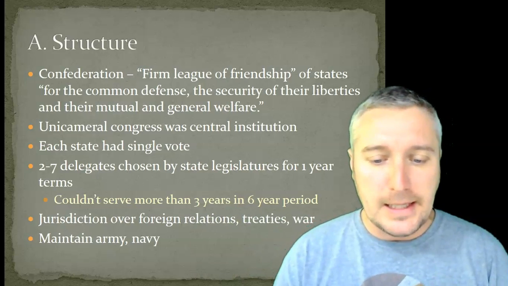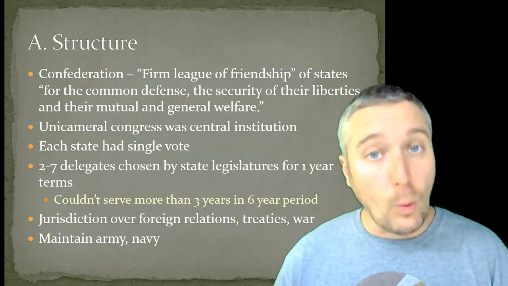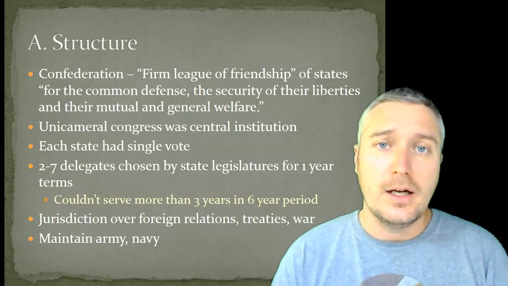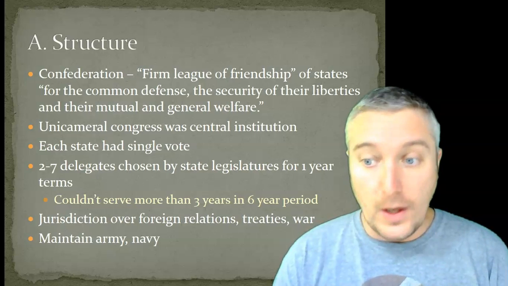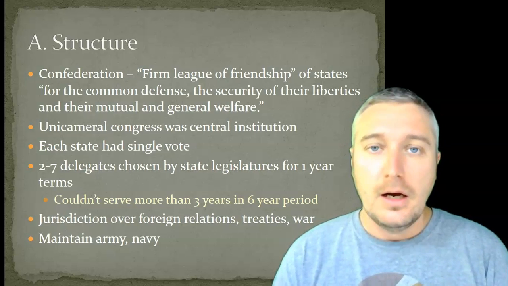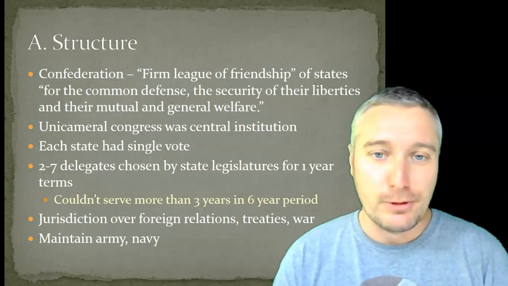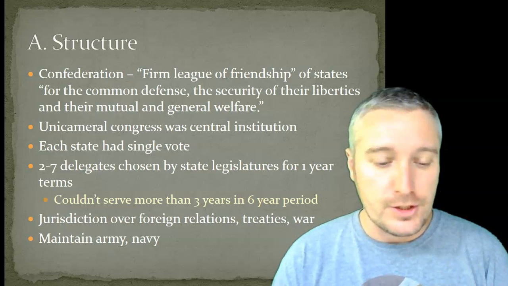So this body did have the authority to make treaties and alliances, and they could make war and peace. You needed 9 of the 13 in order to declare war and to make peace. So that's quite a bit. That's going to be a hard number to get. Most people are going to be split on issues, but 9 out of 13 states really to get much done.